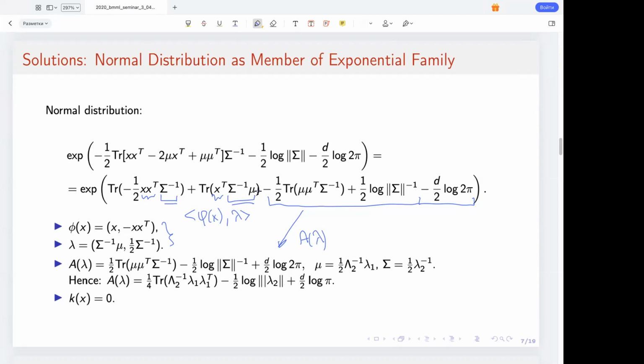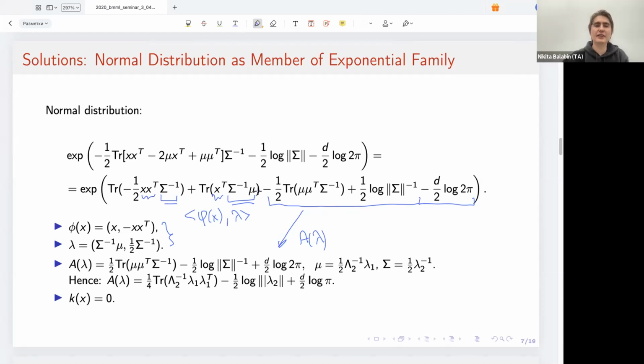Sorry, about this normal distribution: should we also find this phi of x so that it is minimal or not? Here, for the normal distribution, it is known that it is minimal, since it is for mean and covariance. We know this from the course of statistics.